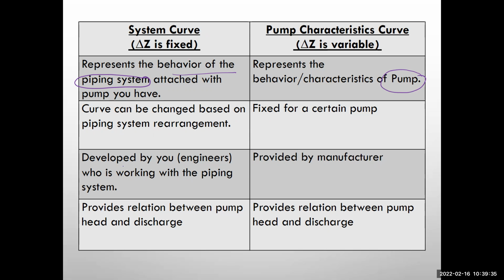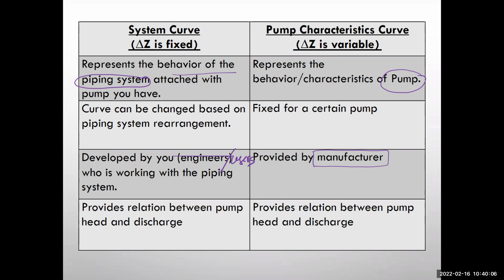The system curve is developed by you, the engineers or users working with the piping system, based on your purpose. The pump characteristics curve is usually provided by the manufacturer, who runs thousands of tests with that single pump, and using the data set they come up with the equation or the curve. They plot that and give you the curve.